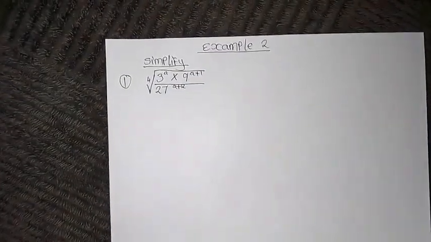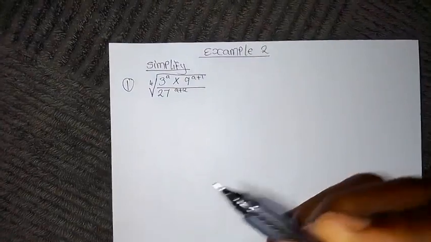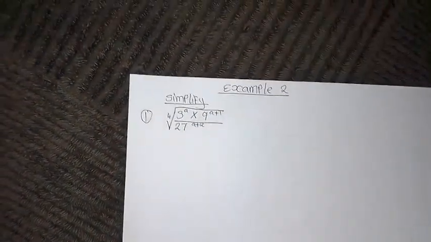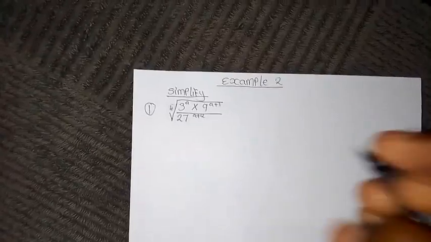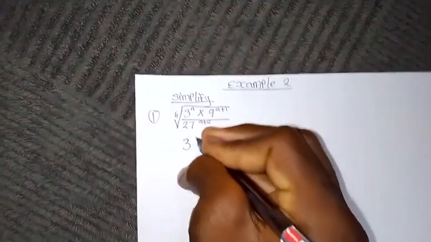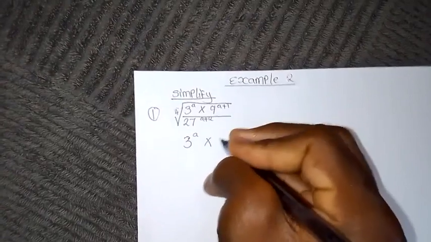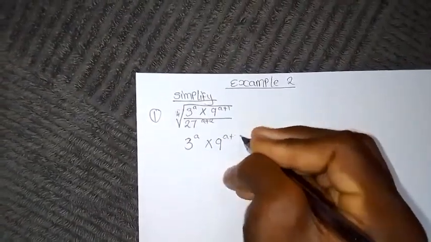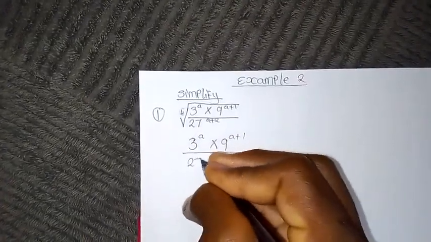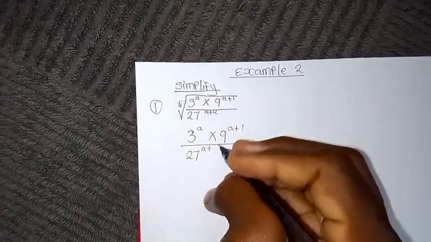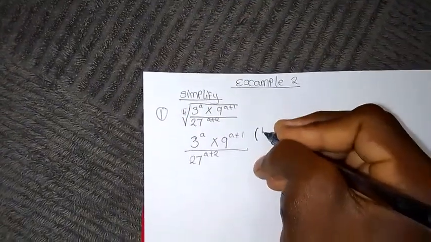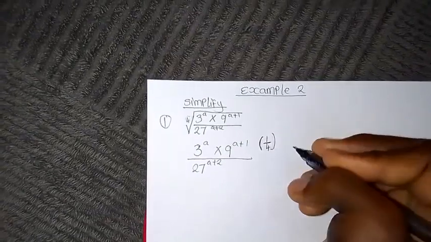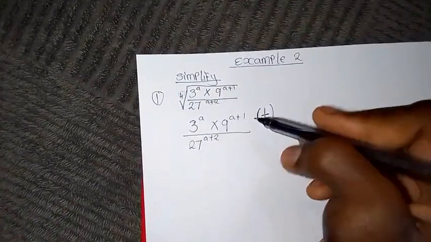For this one, the first thing you have to do, from the previous example where I told you that the number here is the denominator, is rewrite this as 3 to the power a multiplied by 9 to the power a plus 1, over 27 to the power a plus 2.